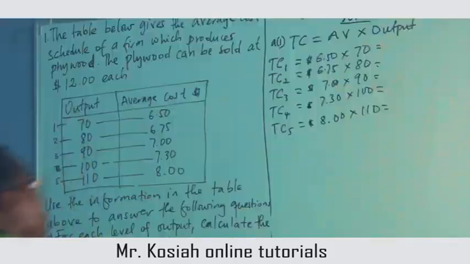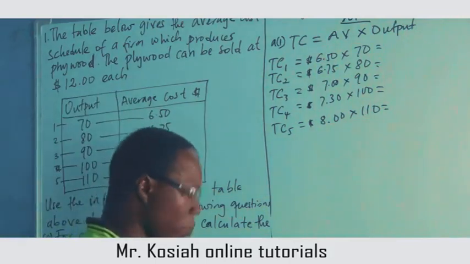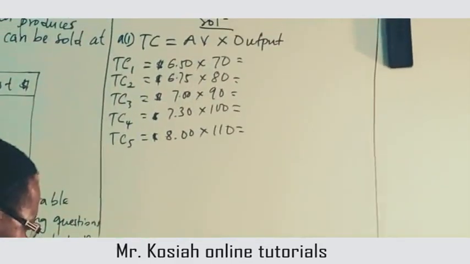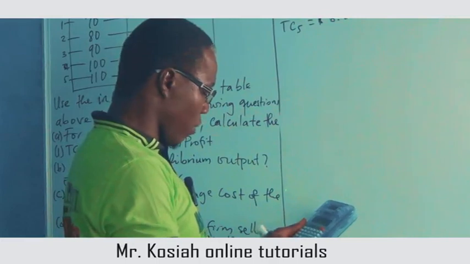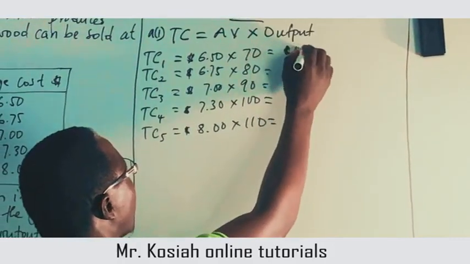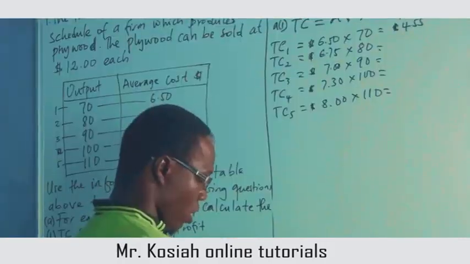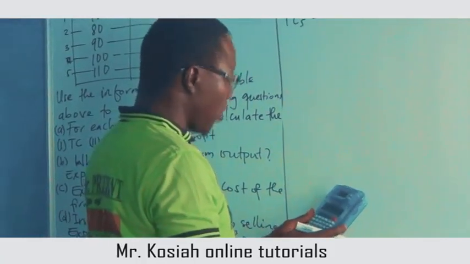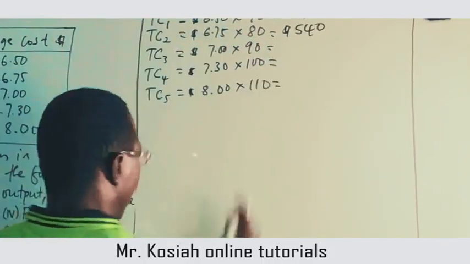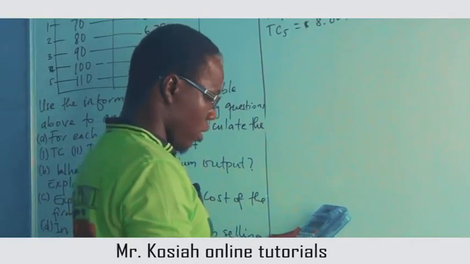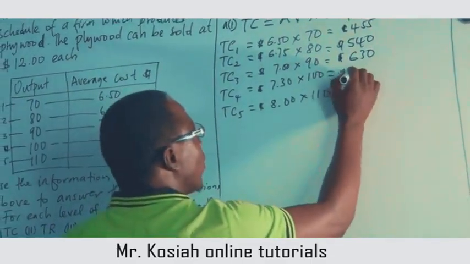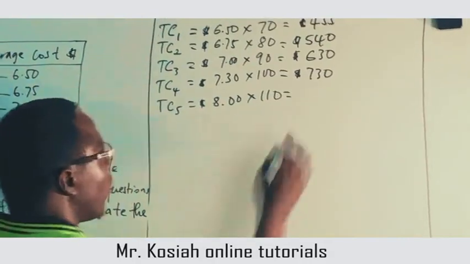Now let's use our calculator to avoid mistakes. $6.50 times 70 gives us 455, and 6.75 times 80 gives us 540, of course. $7 times 90 gives us 630, and this gives us 730, and this gives us 880.